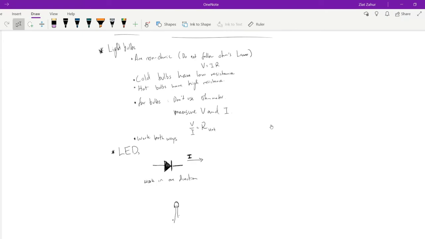Okay, so the next one is due in 4 days. This is more on circuits, or not really on circuits, but more on current and stuff. The next one is definitely on circuits.